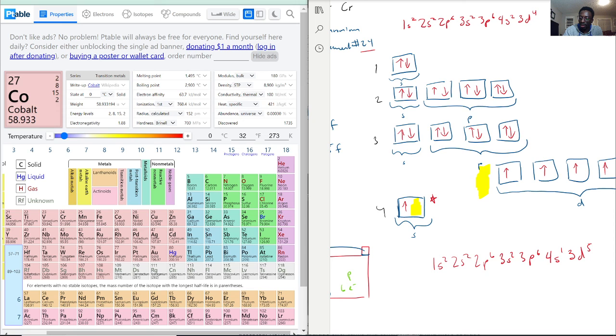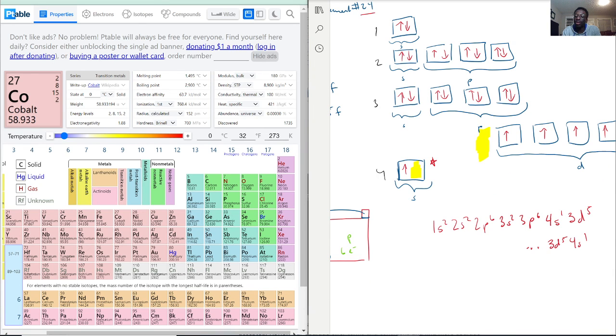You can also just write it as 3d5, 4s1. Both are the same thing, but the important thing is that you have a 5 now and a 1 here.